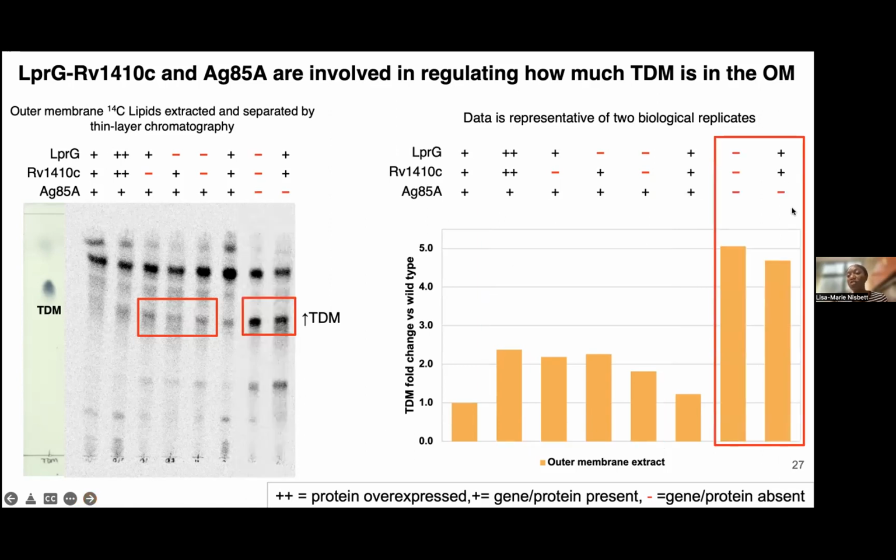Additionally, when antigen 85A only is absent, or when all three proteins are absent simultaneously, there are increased amounts of trehalose dimycolate in the outer membrane extract. And so from this data, my results suggest that LPRG, RV1410C, and antigen 85A are involved in regulating how much trehalose dimycolate gets transported to the mycobacterial outer membrane.